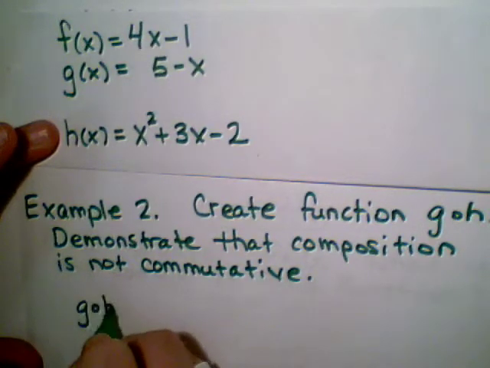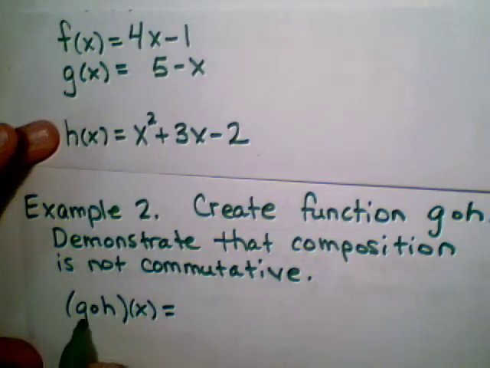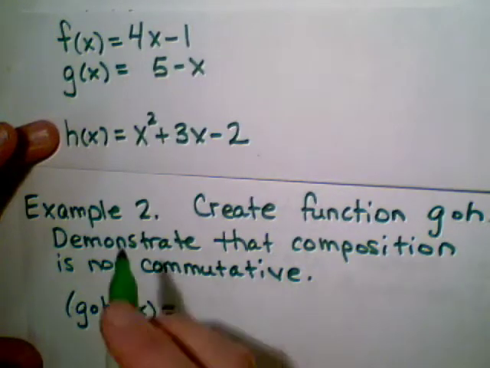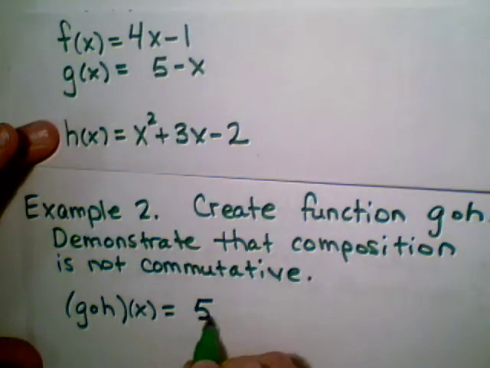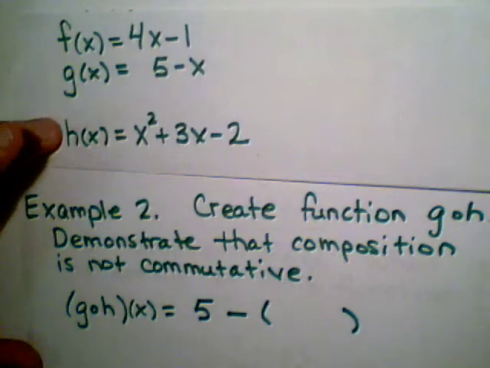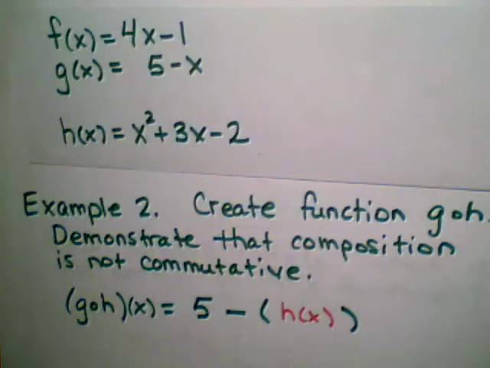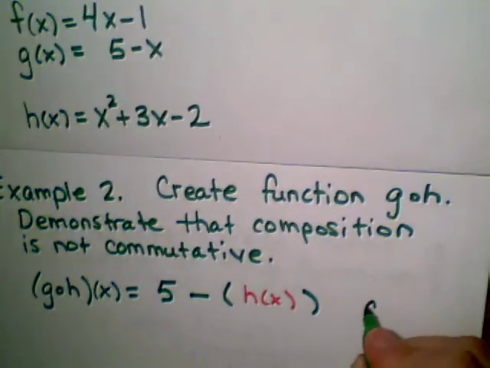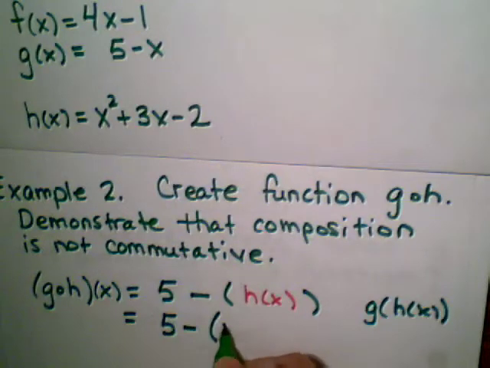To create the outputs of g composed with h, we'll write g composed with h of x. g is the linear function 5 minus x. So g composed with h is 5 minus h of x. Remember what we're calculating, g of h of x.